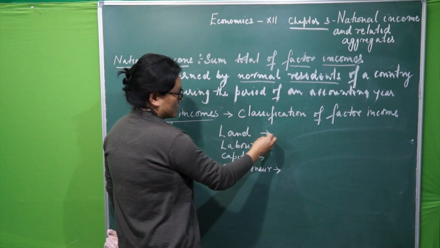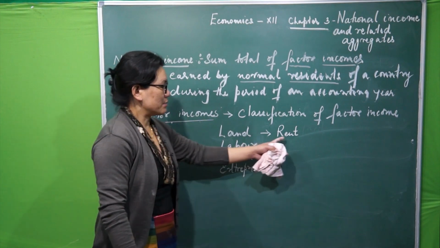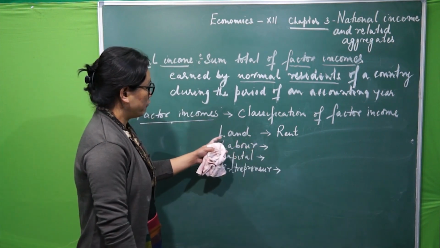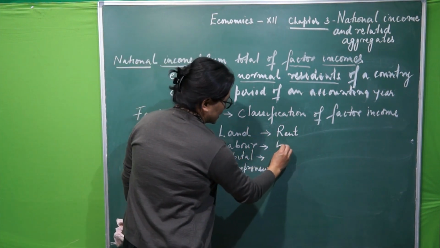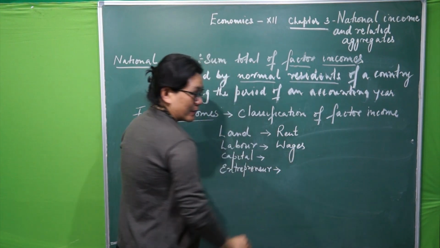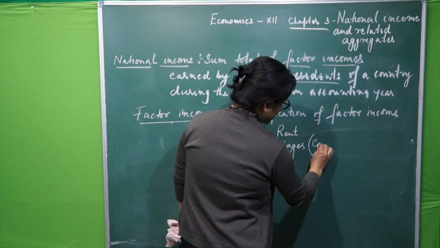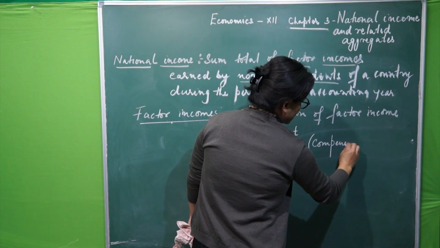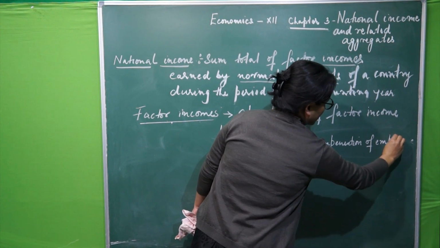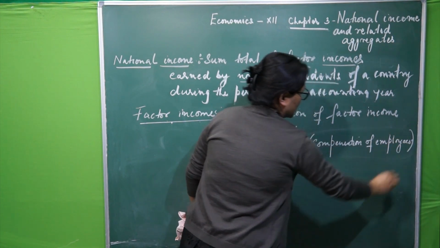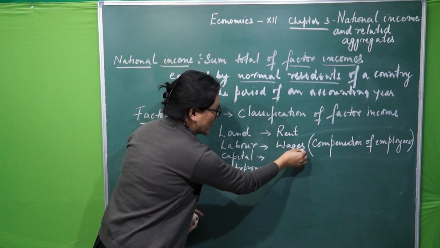Now see, for land, household gets income in the form of rent. This is a price which is paid for making use of land. For labor, they get wages. Here in brackets, I will write compensation of employees. But for the time being, I will be using only wages.